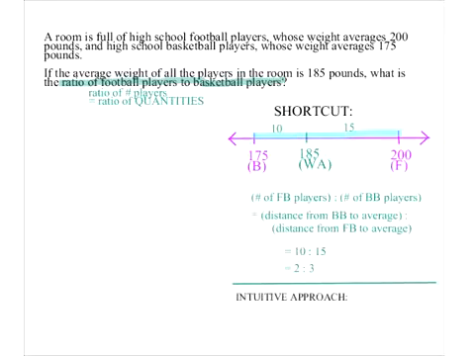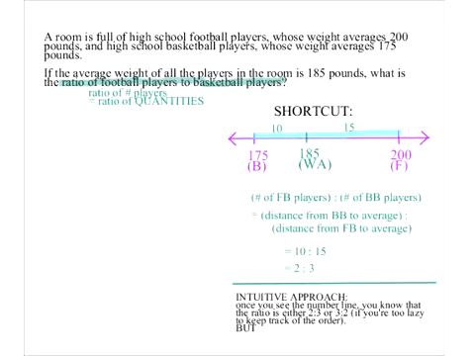Okay, once you see the number line, you know that the ratio is either 2 to 3 or 3 to 2, if you're too lazy to keep track of the order.